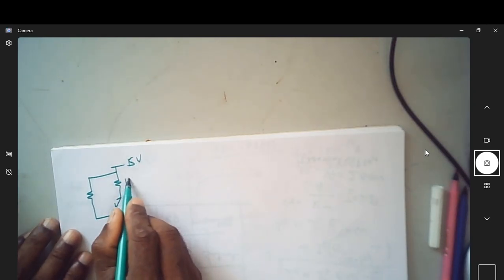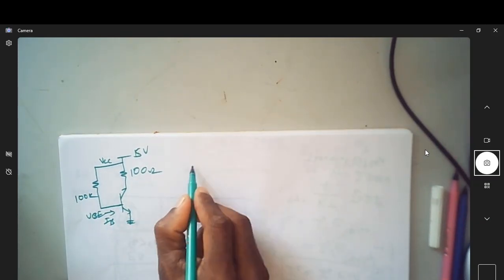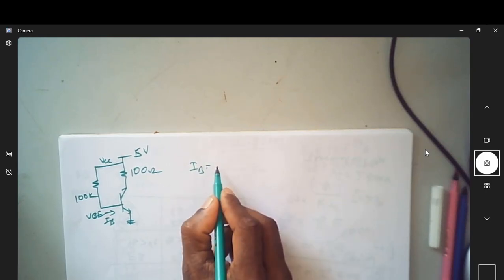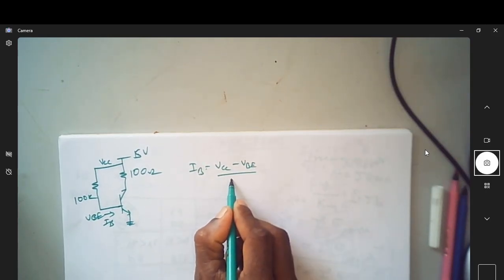So this is 5 volt given, this is 100 ohm, and this is given as 100k. Now we need to find the value of IB here. If I say this is VCC and this is VBE, shall I write IB as equal to VCC minus VBE by RB?